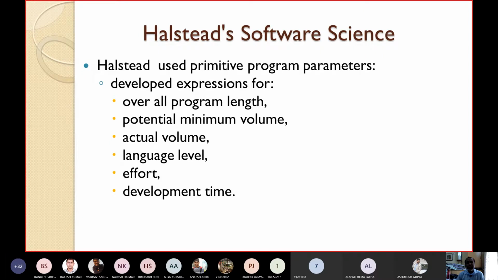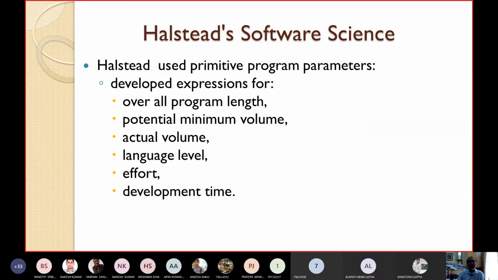Let's see on what factors Halstead software science depends. Halstead, he is a great scientist. He has used some primitive program parameters for estimating the effort, cost, and time, etc. He has developed some expressions for estimating the overall program length, the potential minimum volume, the actual volume, the language level used, the effort that will be required, and the development time that will be needed for building a project.